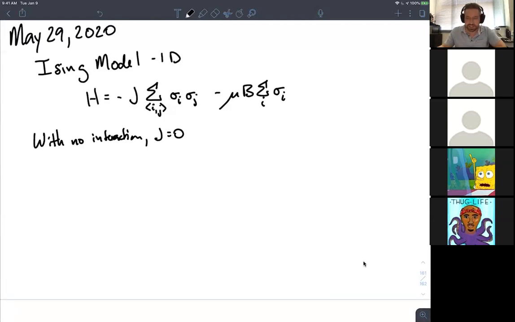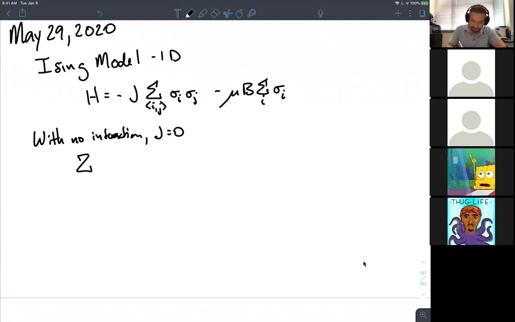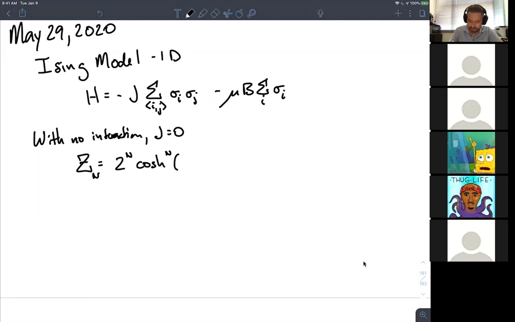We showed that the partition function for N spins, if I remember correctly, was equal to 2 to the N cosh to the N of beta mu B. Once you have the partition function, you can get the free energy, which I think is minus a beta out here, log Z of N.